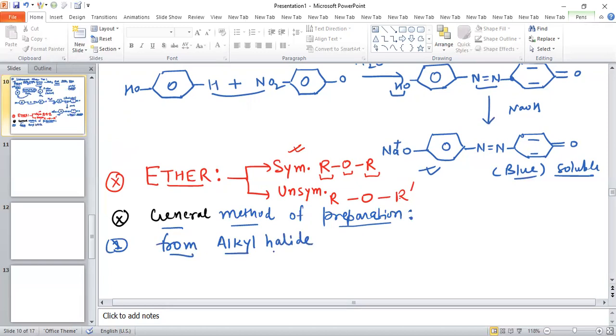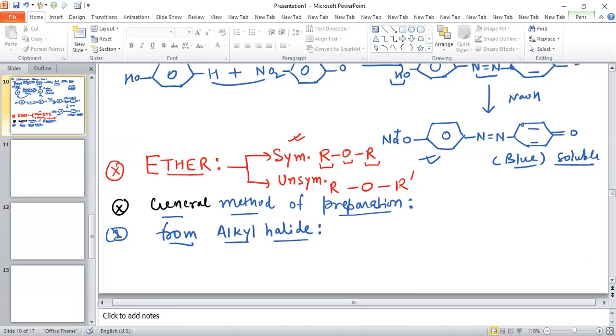How can we prepare ether from alkyl halide? See the steps.